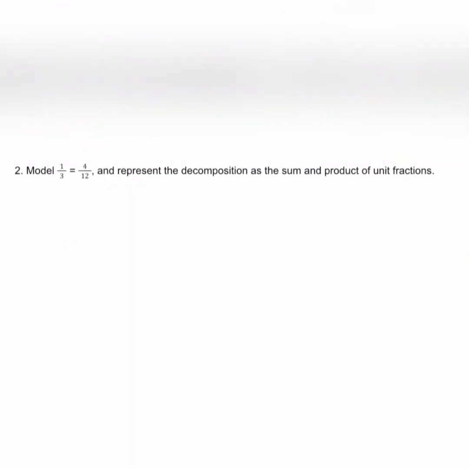Our last problem states to model 1/3 equals 4/12 and represent the decomposition as the sum and product of unit fractions. So our first step is to draw an area model partitioned into 3 equal parts.